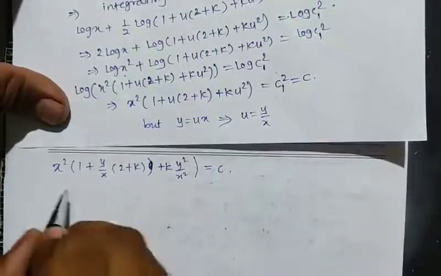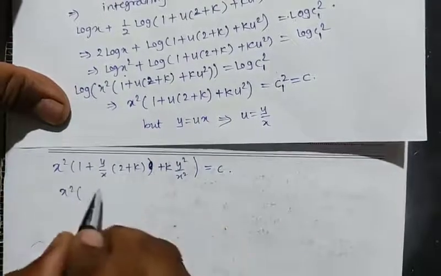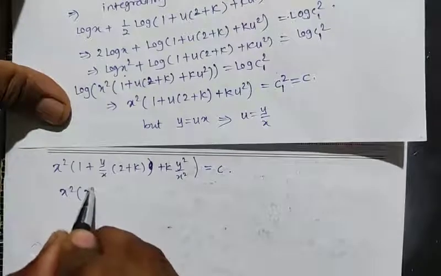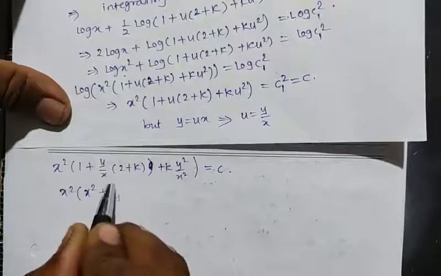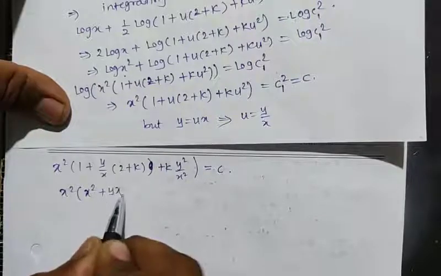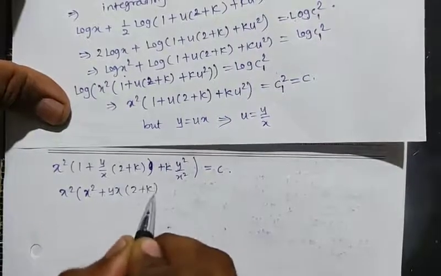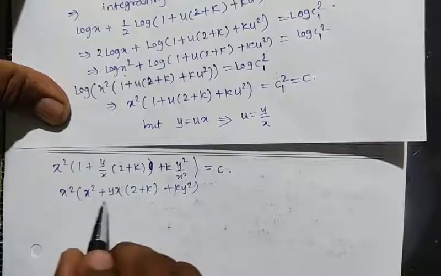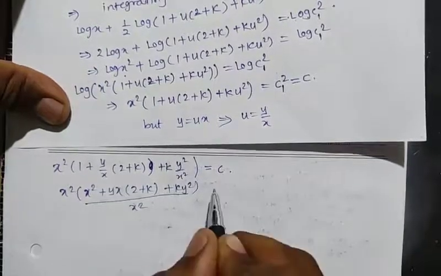Okay, so multiplying throughout by x square, we get x square plus y by x, so x gets cancelled, y x into (2 plus k y square) divided by x square is equal to c.